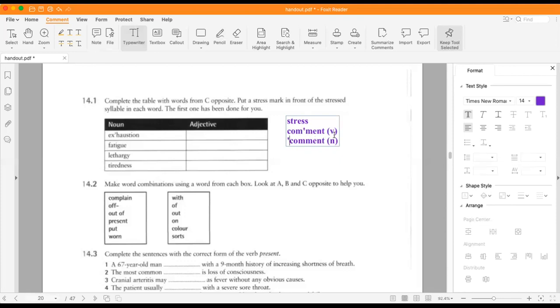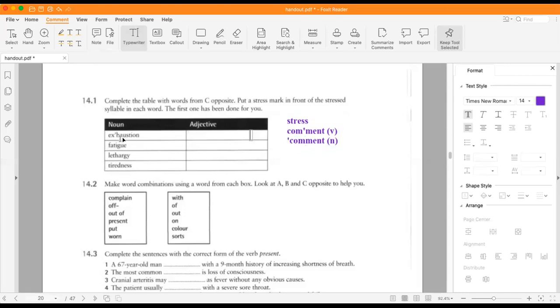In the verb, the stress is on the second part here. So we say comment. What about here? In the noun, the stress is on the first syllable. We say comment. All right?